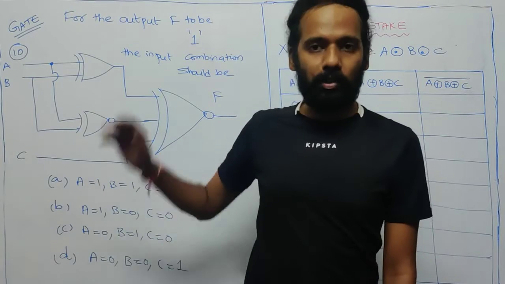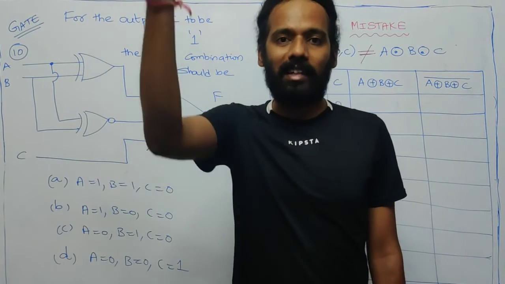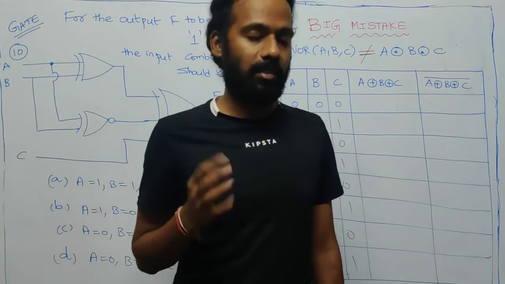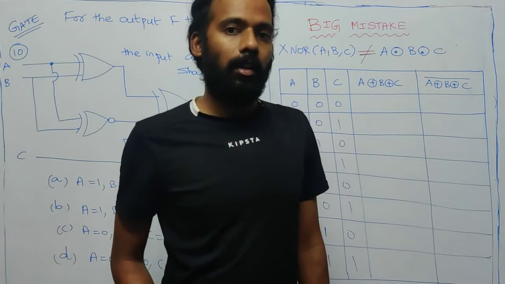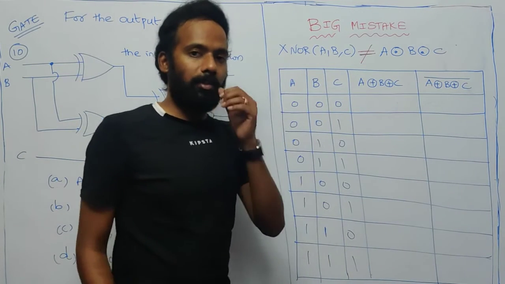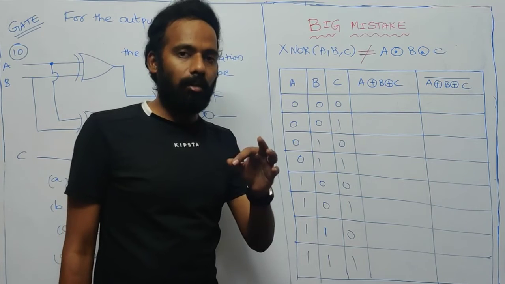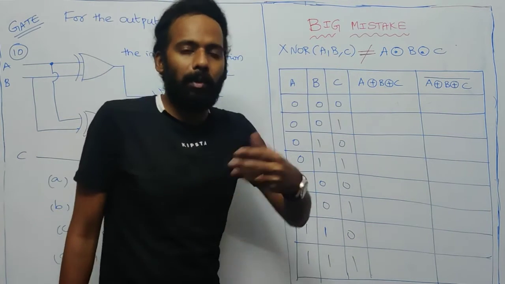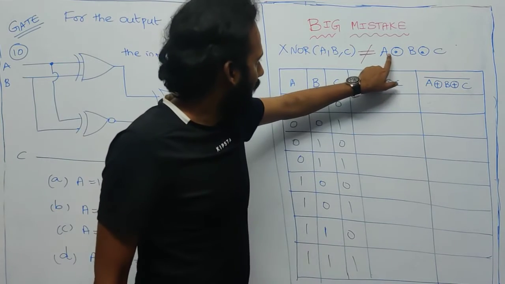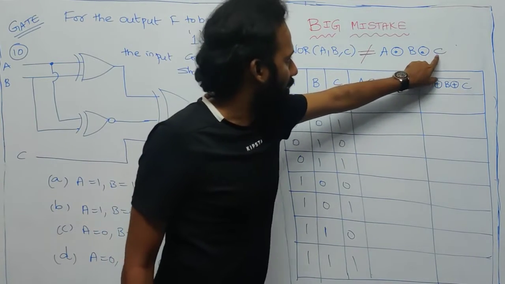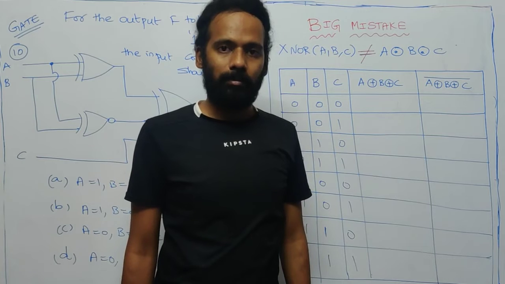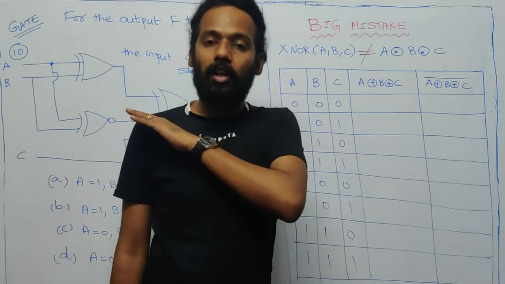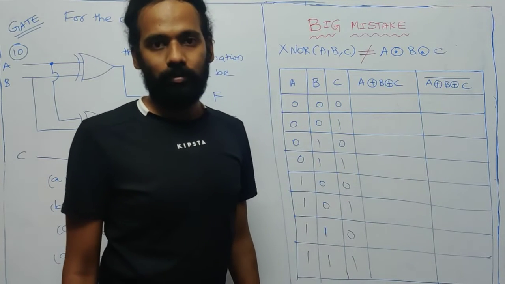This is a 2-mark question, and people lose 2 marks just like that because they don't understand the real concept of XNOR. If I ask what is XNOR of ABC, people will write A XNOR B XNOR C. That is not at all true.